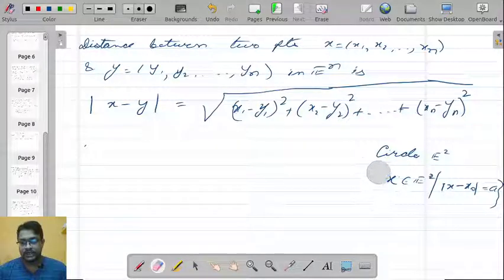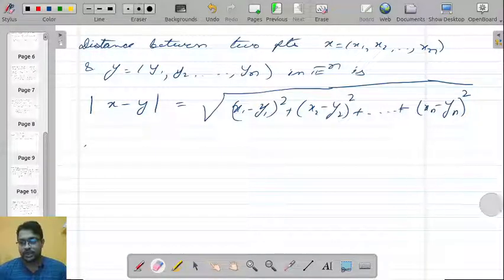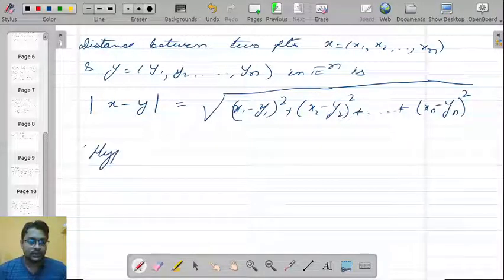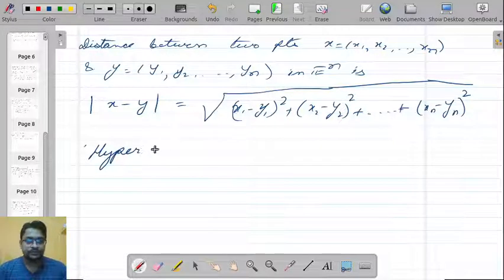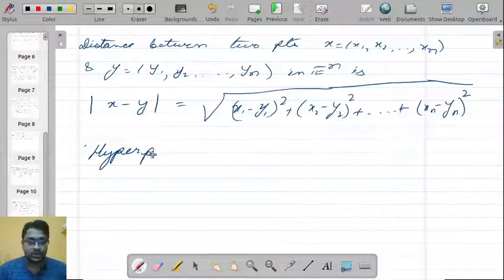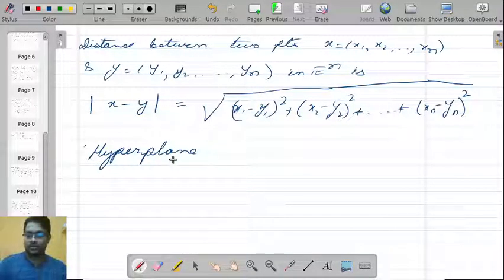So we will generalize the definition of circle and sphere to get something called a hypersphere. But before hypersphere we have something called a hyperplane also. Let us do that first.